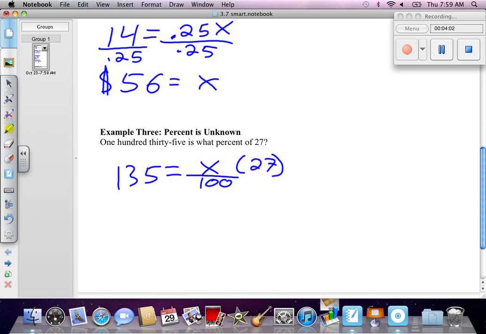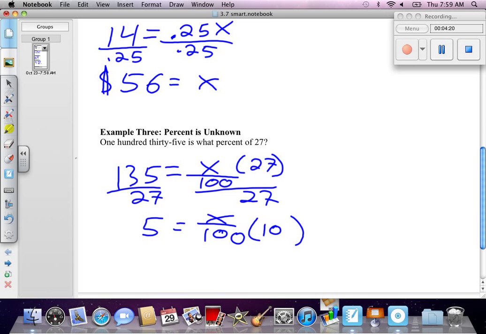So the first thing I'm going to do, ladies and gentlemen, is divide both sides by 27. Get rid of that 27. So I get 135 divided by 27 equals 5. Now I'm going to times both sides by 100. And I get 500% equals x.